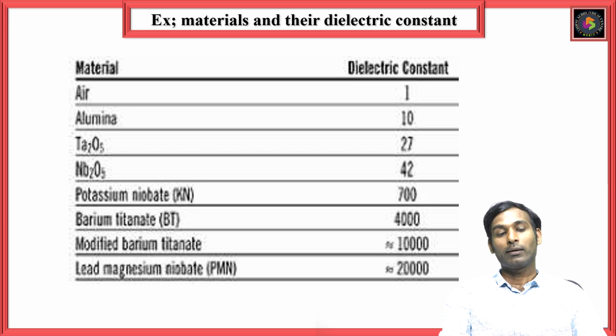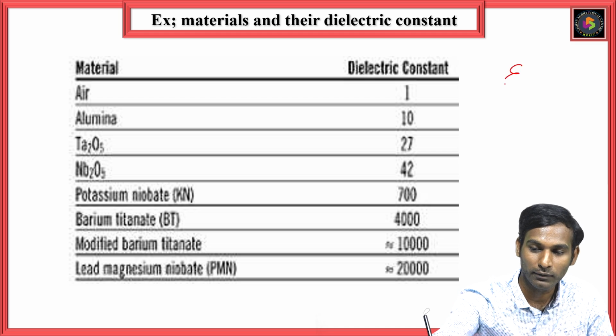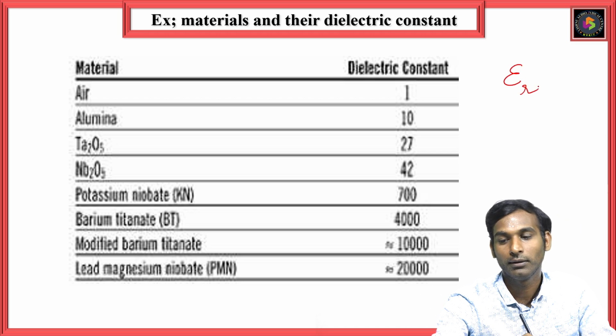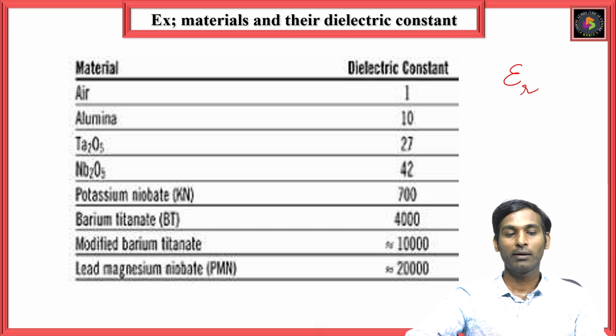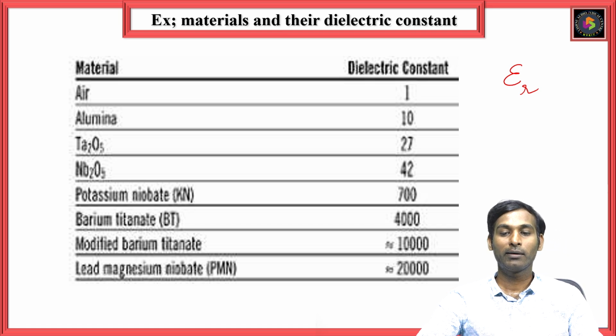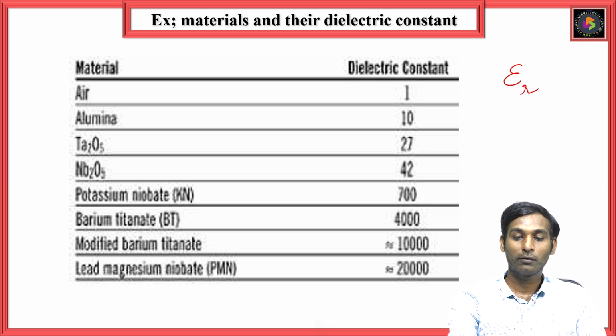What is the dielectric constant? The dielectric constant symbol is this one. So I am taking different materials with different dielectric constants. For example, for air, the dielectric constant is 1. Alumina, the dielectric constant is 10. For different materials, the dielectric constant is 27, 42, 700.